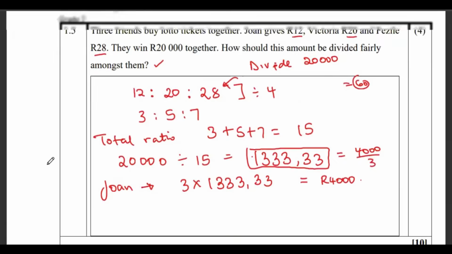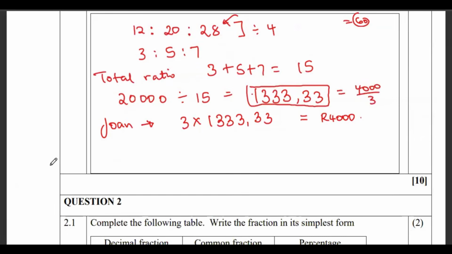And next we have Victoria. Victoria is 5, so 5 multiplied by 4,000/3.